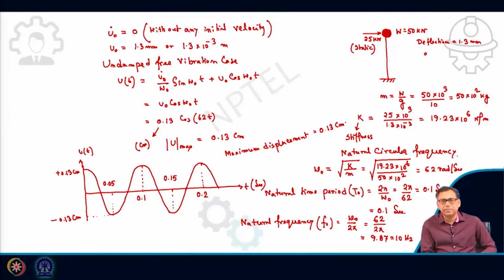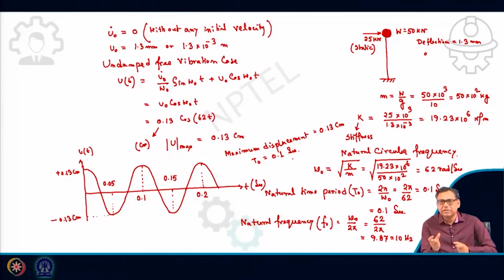So that is the maximum displacement for the problem that I have taken, corresponding to your T0 value. Now if you change the stiffness of the system, then the natural circular frequency will change, your natural time period will change.